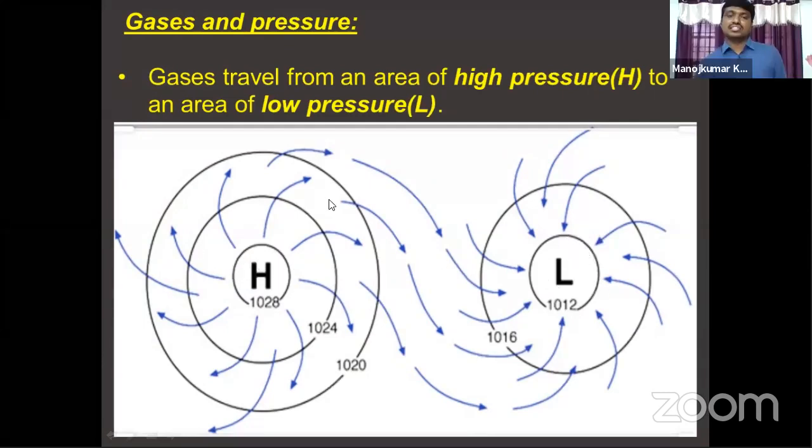The arrows indicate the movement of air from high pressure to low pressure. Naturally, gases travel in this way.